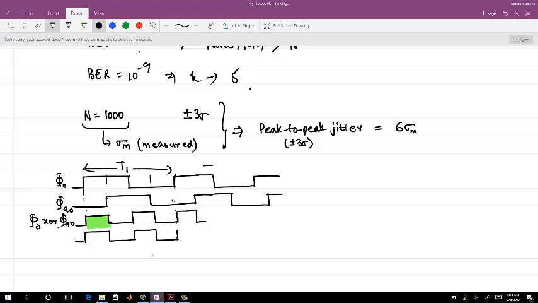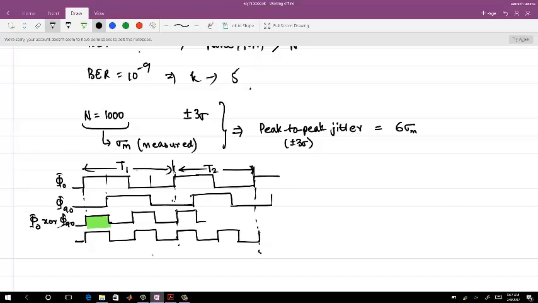So if the T2 period is lesser, then what happens? Let me mark that part.